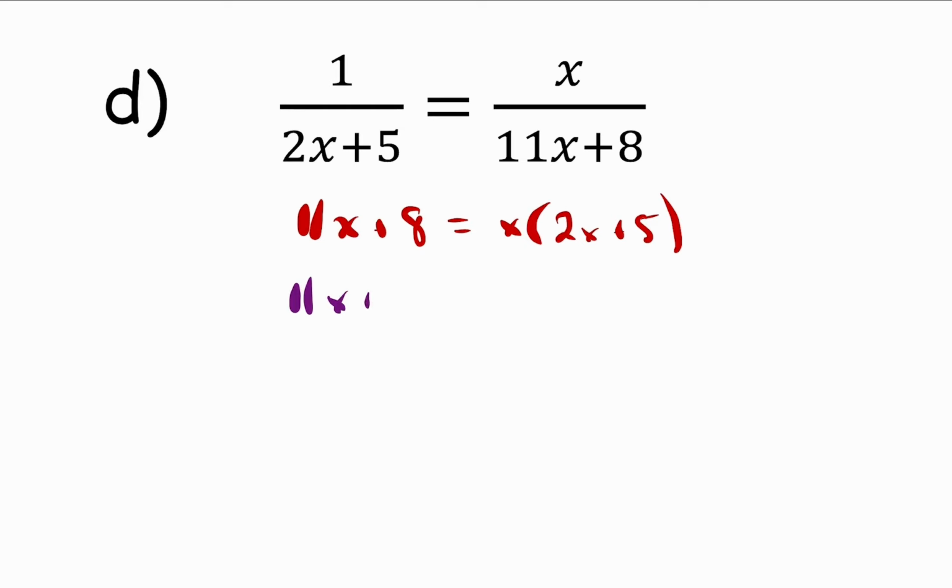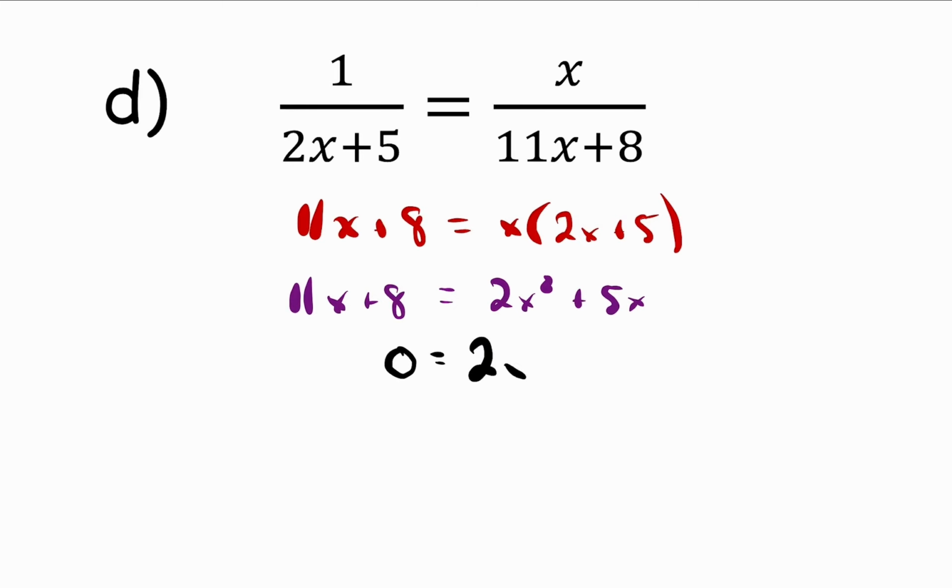So 11x plus 8 equals 2x squared plus 5x. In this case, we can't just isolate the variable because we have an x squared term and an x term. So what we're going to do is solve this as a trinomial. So we're going to set this equal to 0. This is slightly different than anything we've done so far.